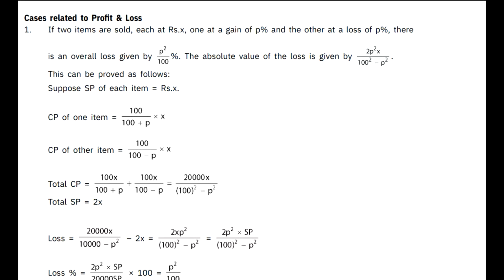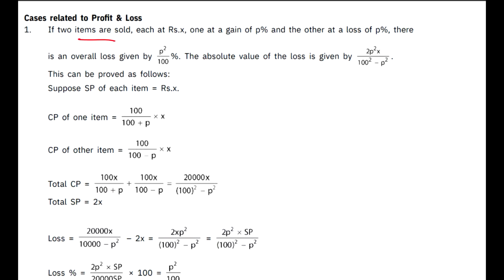Now again a second disclaimer. These formulas will be helpful to the ones who have practiced at least few questions of profit and loss before. अगर आपने पहले कभी भी इस तरह के questions practice नहीं किए हैं तो maybe ये formula आपको थोड़ा सा dreadful लग सकता है. But anyways, pay attention.